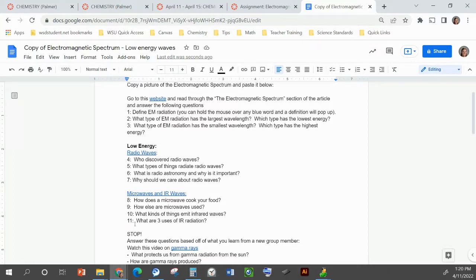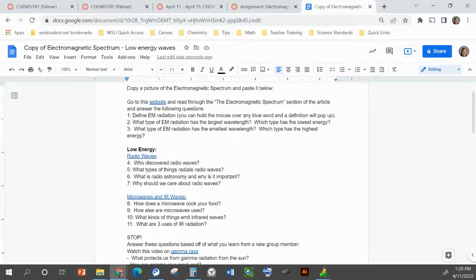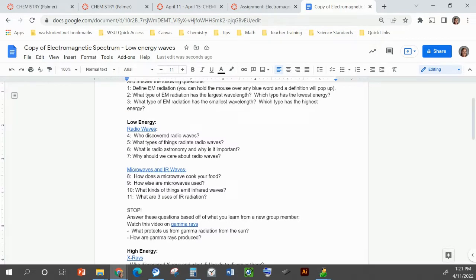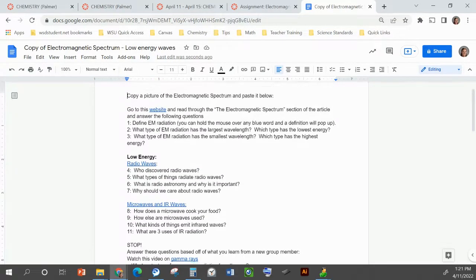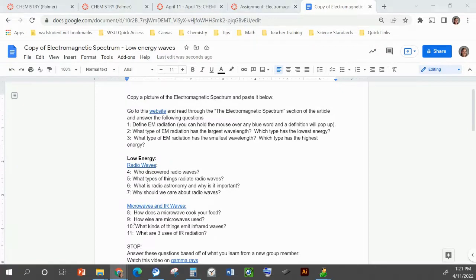At the end of this, you will have completed the whole assignment, but during your first rotation, you are just going to do the first part till it says stop. Then you're going to stop and wait till everyone's done with their chunk. Then we're going to get into our second group, and the person who learned about low energy is going to teach the other people about low energy.